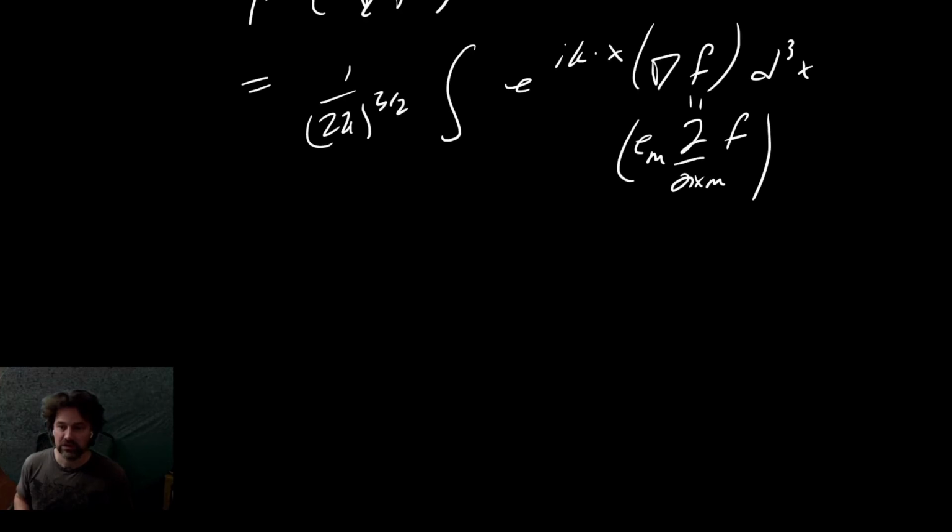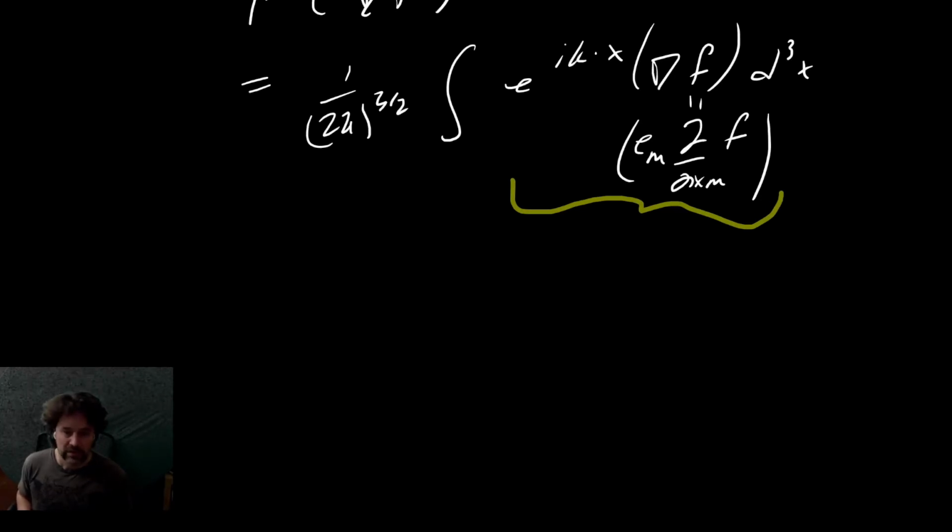What we want to do is take this whole integrand and rewrite it as a full derivative with respect to d dx m, and then subtract off the other portion because we don't actually want the full derivative.